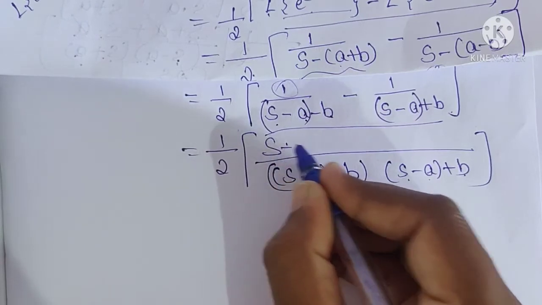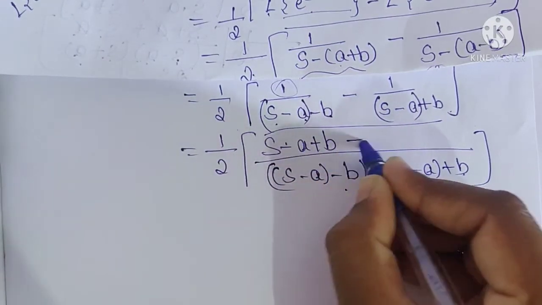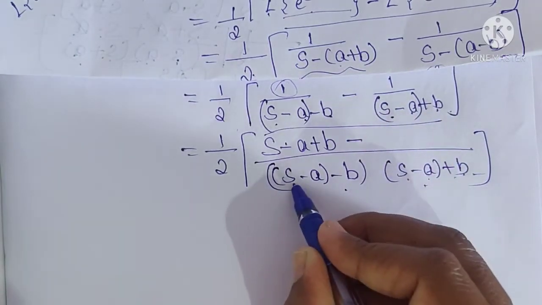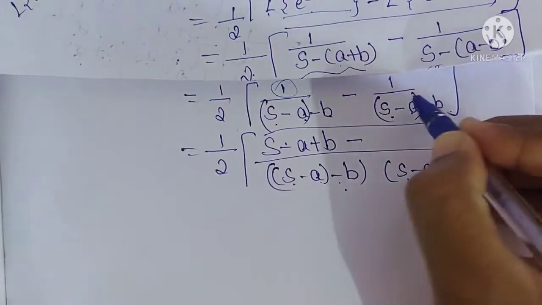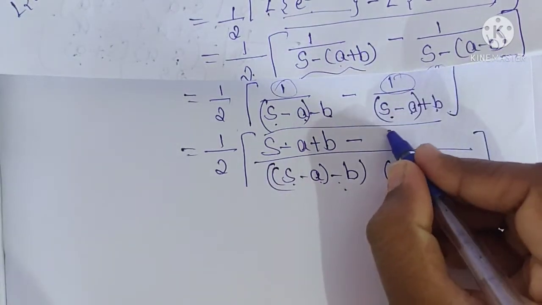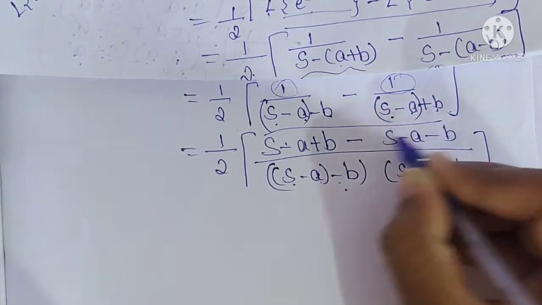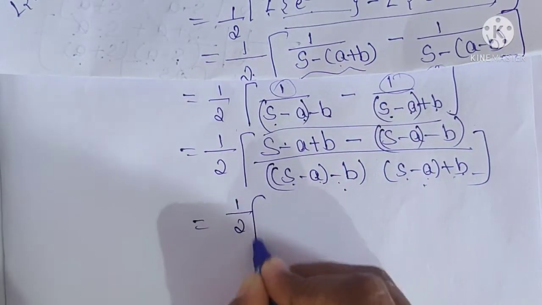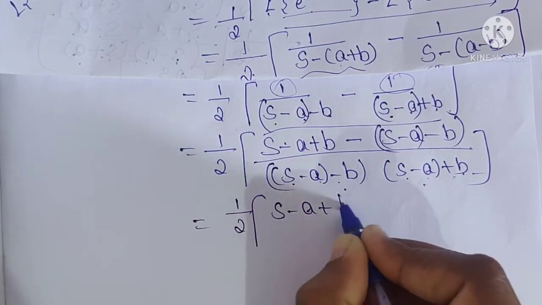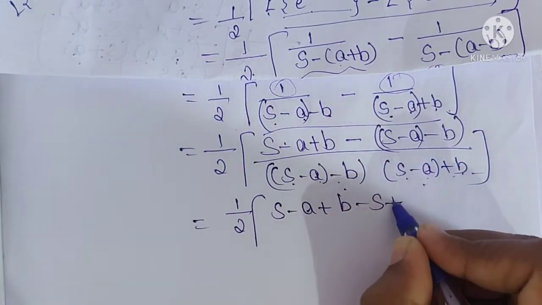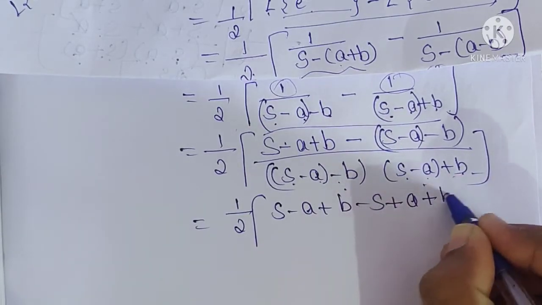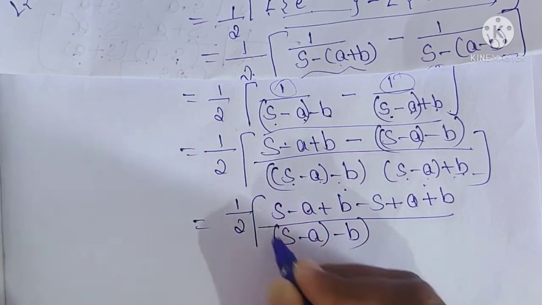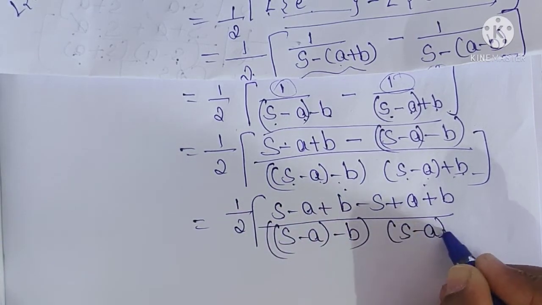Then s minus a plus b minus s minus a minus b, simplify: 1 by 2 into s minus a plus b minus s plus a plus b, divided by s minus a minus b into s minus a plus b.